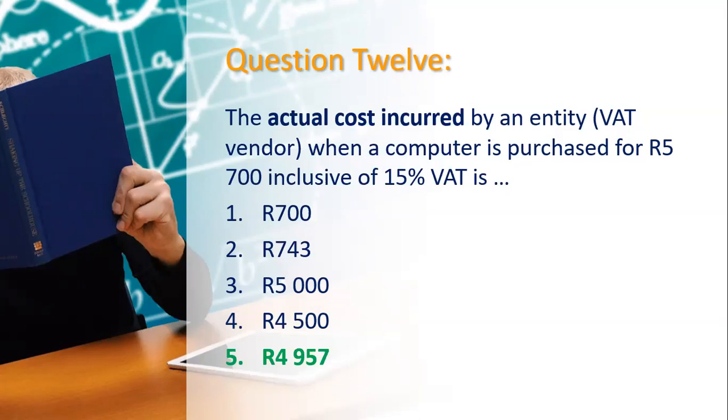If they were not registered for VAT, then we wouldn't take the VAT out and the actual cost would be 5,700. So all that you do is you take the 5,700, you multiply it by 100, and you divide it by 115 to get the amount excluding VAT. Okay, so 5,700 times 100 all over 115.